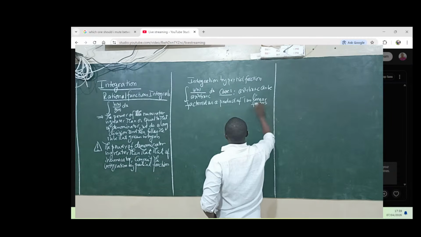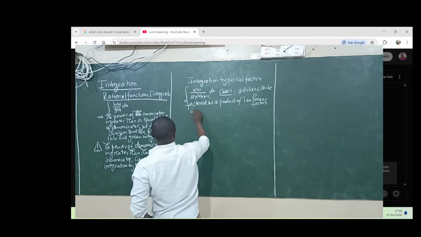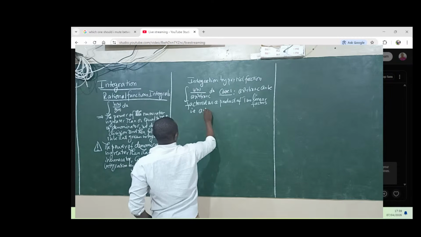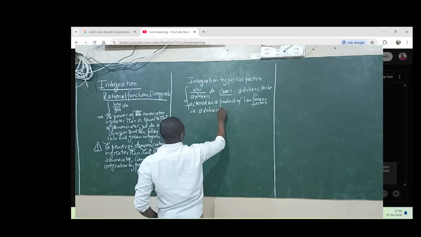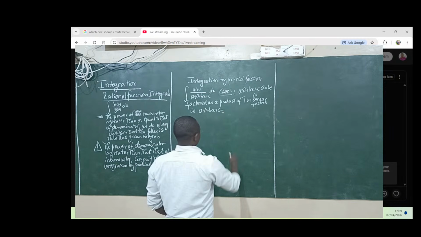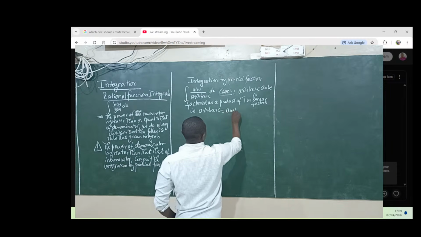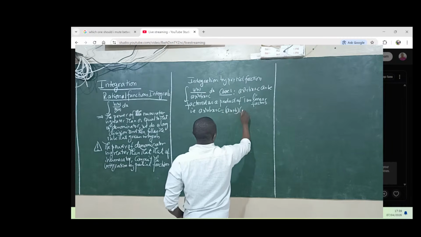Say ax squared plus bx plus c as ax plus b into cx plus d.